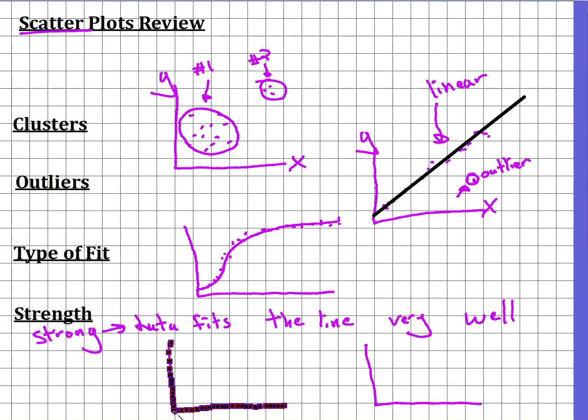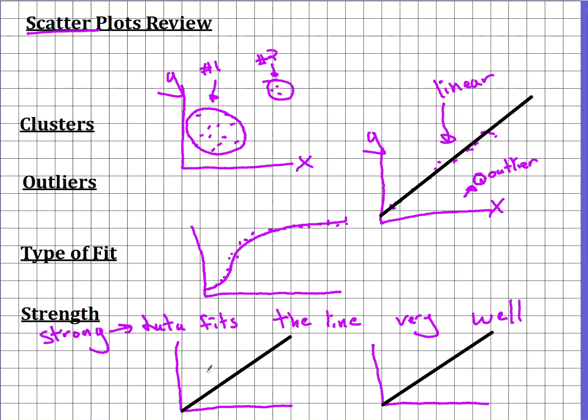You could have data that fits this extremely well, where all of these data points are almost exactly along this line, and you would call this a strong fit. Or you could have data that doesn't fit it very well. The trend line was made, however, it hardly fits that. You could have something wildly different, and you would call this a weak fit, implying it's not a very good description of the data.